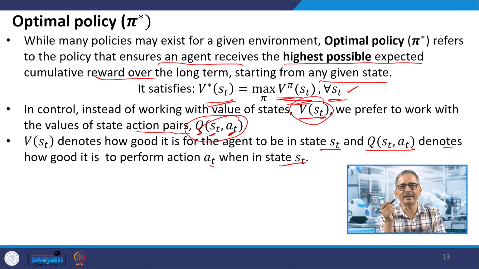So in the case of Q, we emphasize the action.